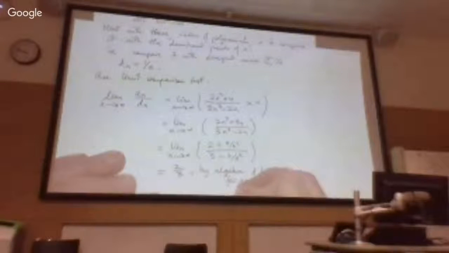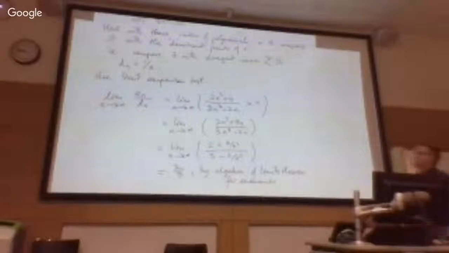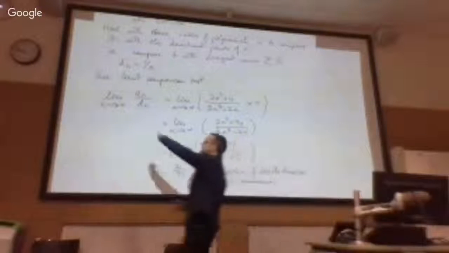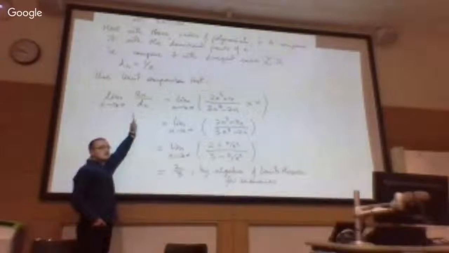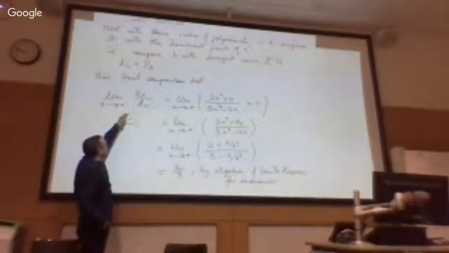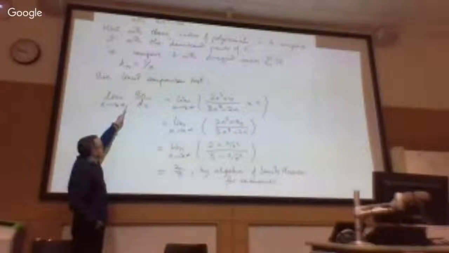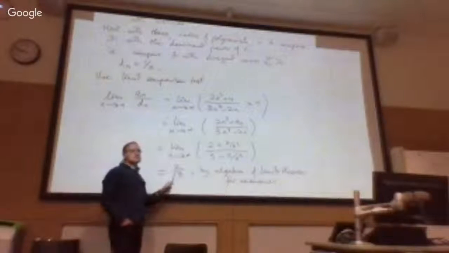Sequences. So what have we done in the comparison test? We've compared our series, which is the sum of an, to this divergent series, the sum of dn. We found that the ratio of an divided by dn has limit 2/3.